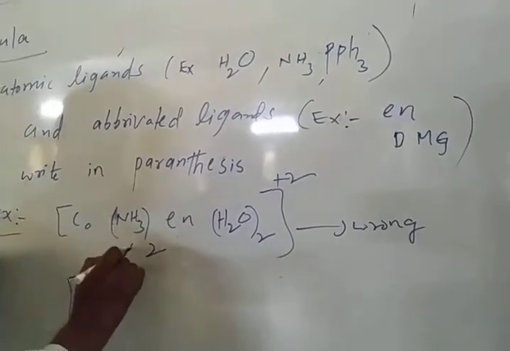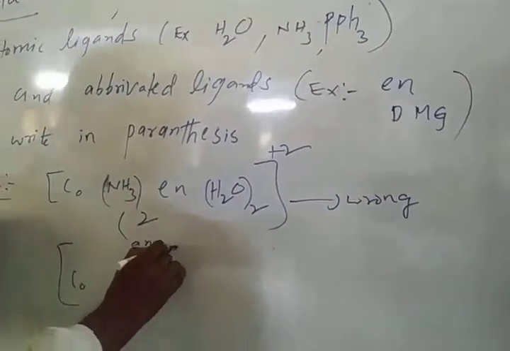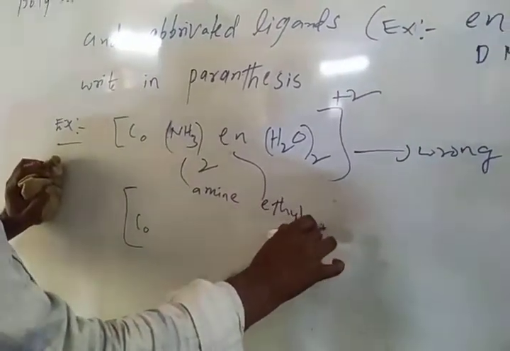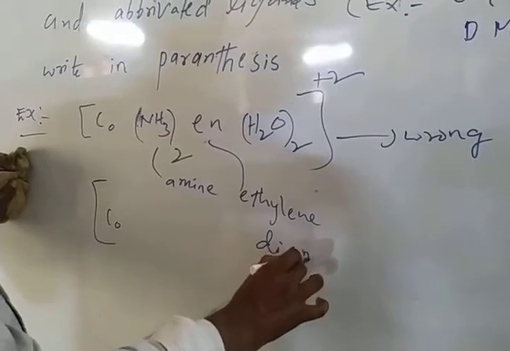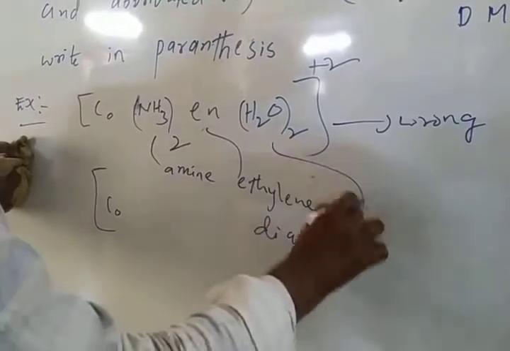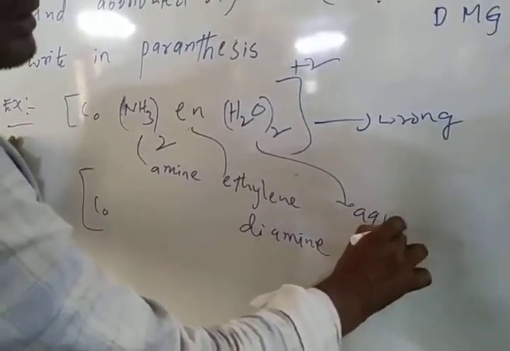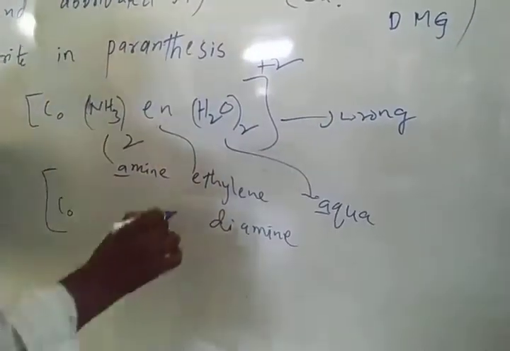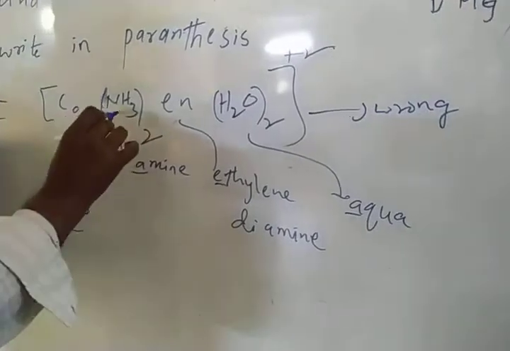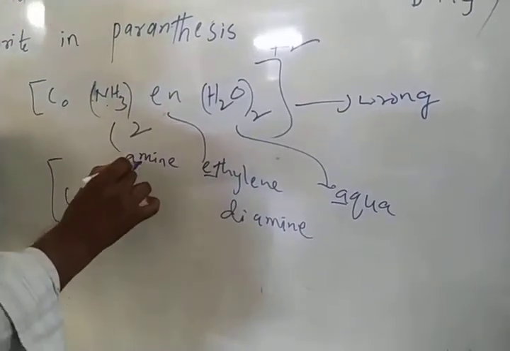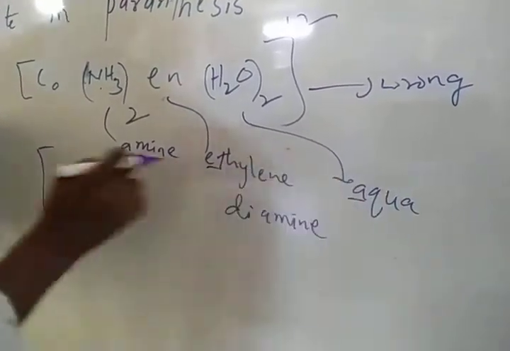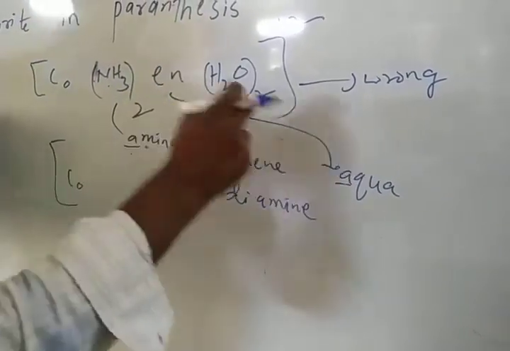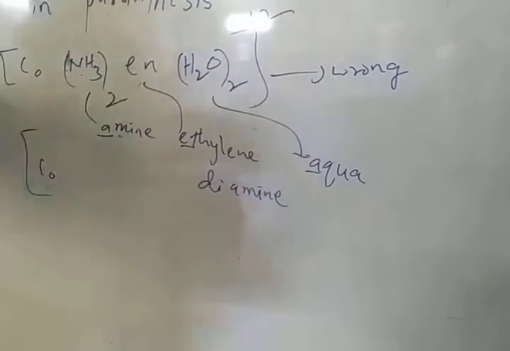This is amine. This is ethylene diamine. And this is aqua. So alphabetical order, A first, then after that E. If A competes, it goes to the next letter, M. So amine is first, then aqua, then ethylene diamine.